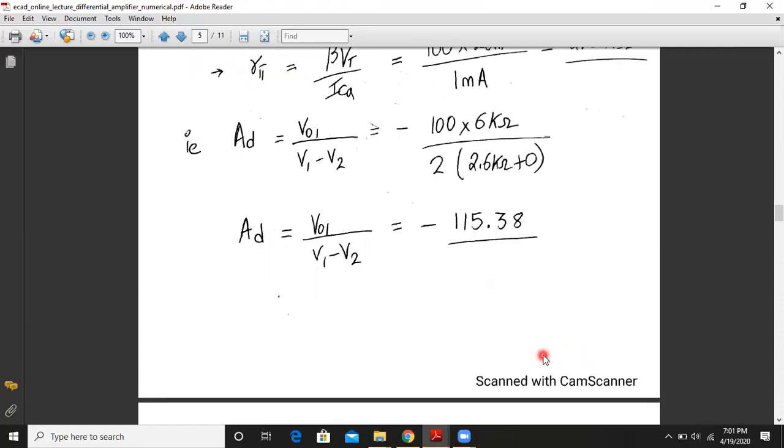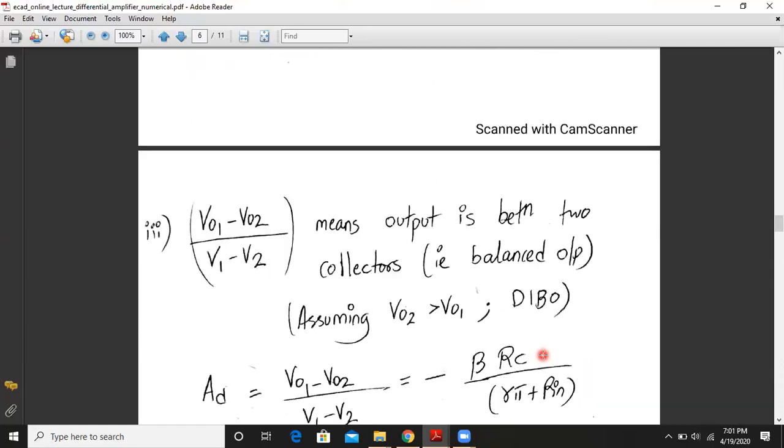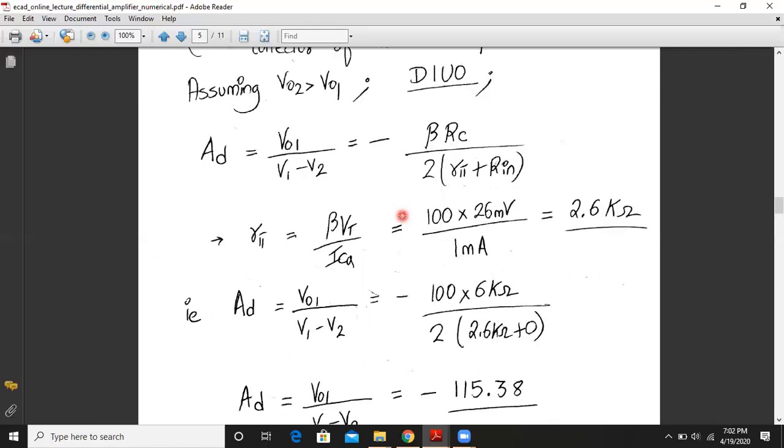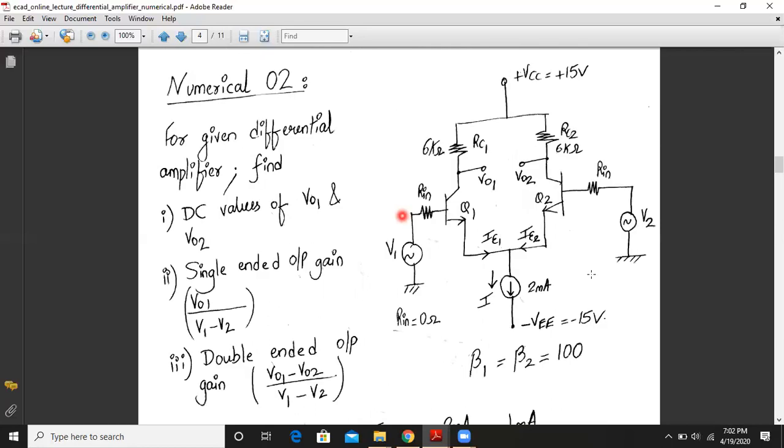Now let us move on to the next part. The third part says we have to evaluate VO1 minus VO2 upon V1 minus V2. That means the output is taken between the two collectors. So over here the output is balanced, that is VO1 minus VO2, and the inputs are V1 minus V2.